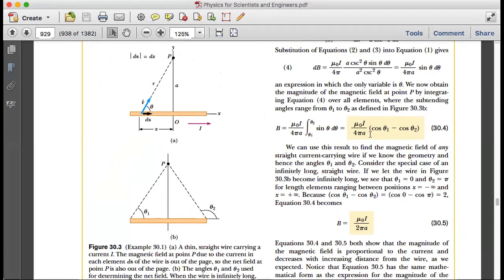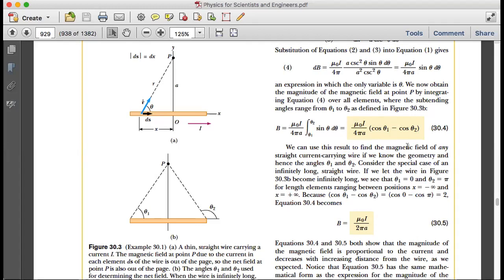Usually, for example, if we take this O here in the middle, with L over 2 on each side, then this cos theta is L over 2 over the square root of A squared plus L over 2 squared.